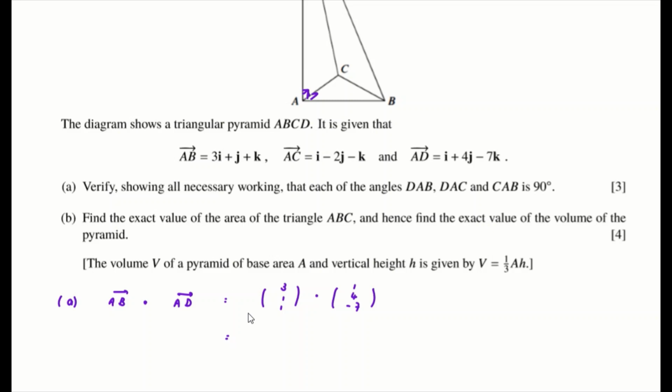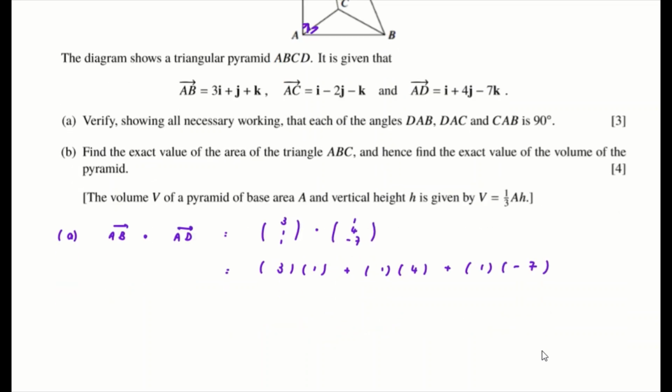Try to write the whole working if that's possible, because the question says show all necessary working, right? Plus 1 times 4, and then plus 1 times -7. After you get to this point, it's okay for you to continue. So 3 plus 4 minus 7, then you get 0. So in this case, you know that DAB is 90.